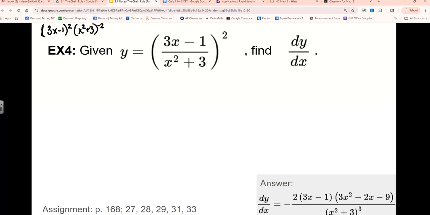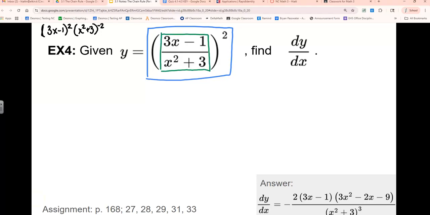This one is a chain rule on the outside with a quotient rule on the inside. Our outside function part is this big stuff here, and then we've got this stuff on the inside that needs a quotient rule.